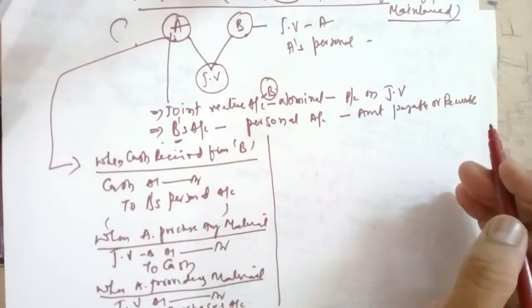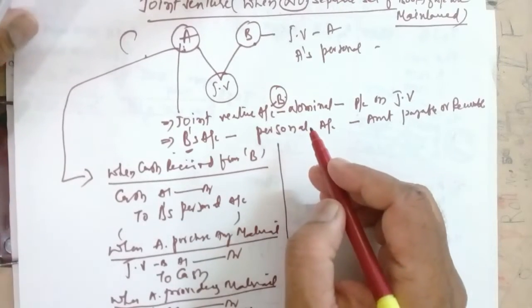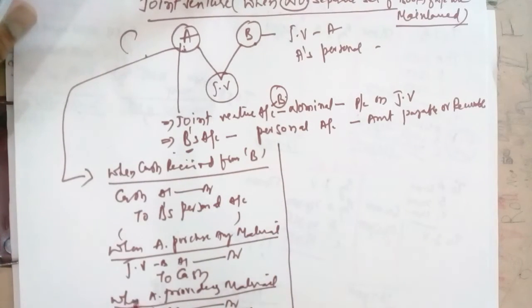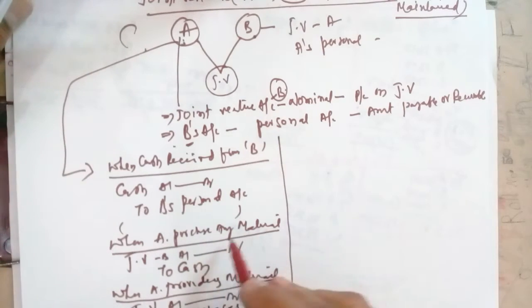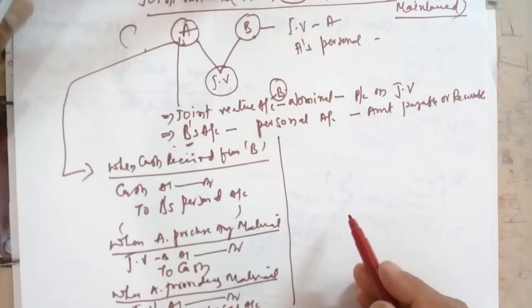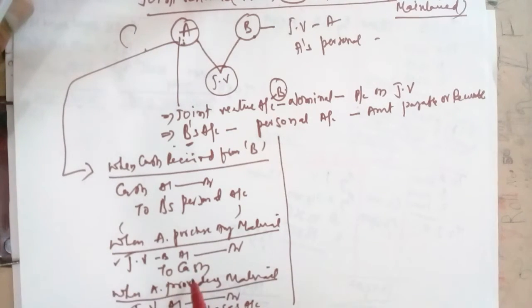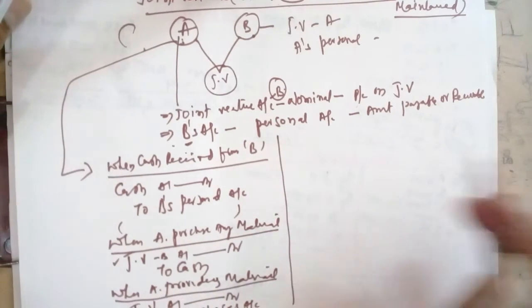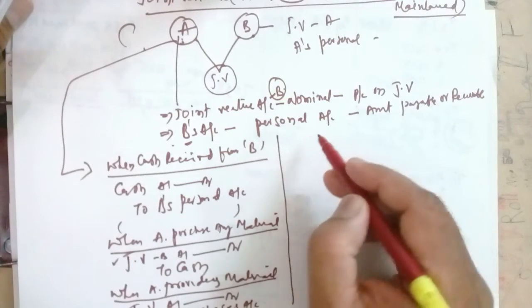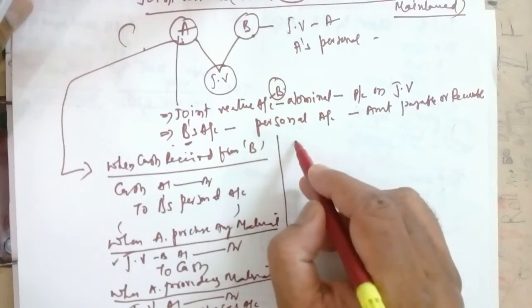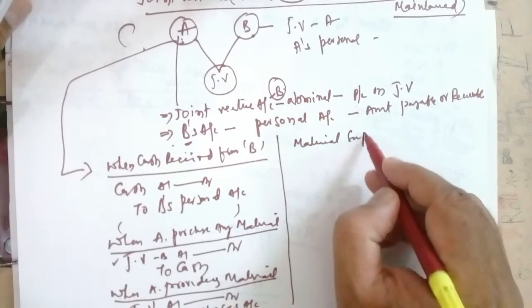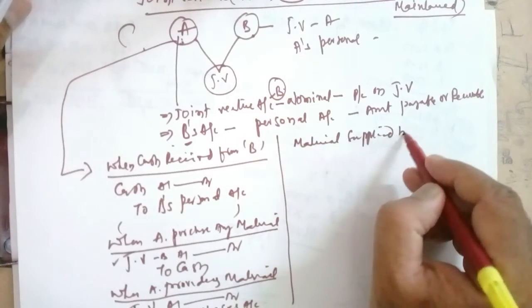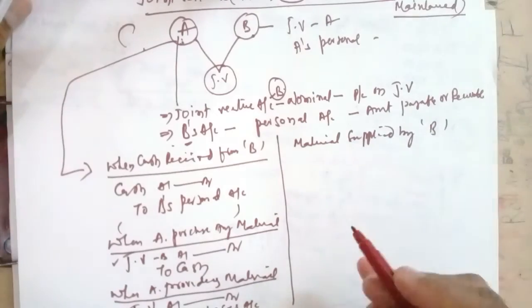Then next, here see the entry for when purchases are any material or any payment. Suppose any payment he makes, even then the joint venture to cash. Clear? Now the entry would be material or anything supplied by B here.